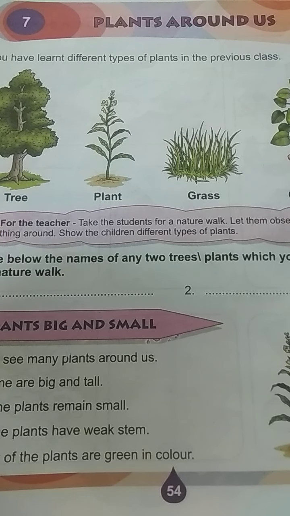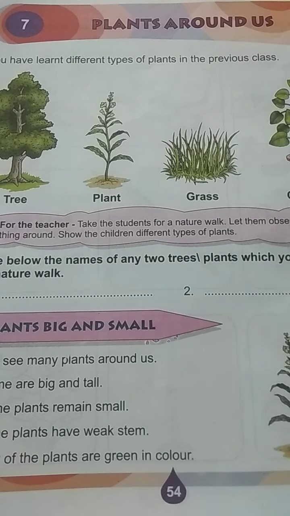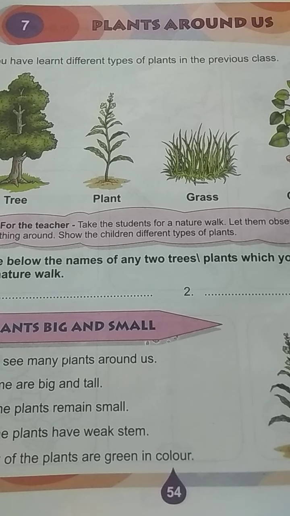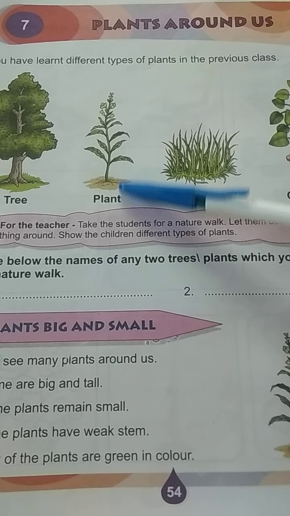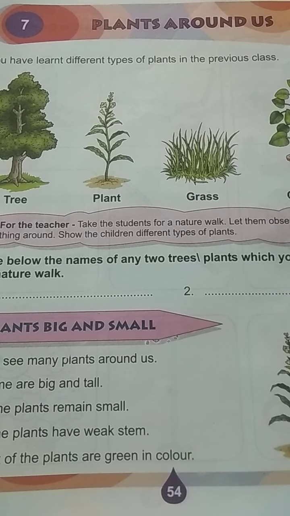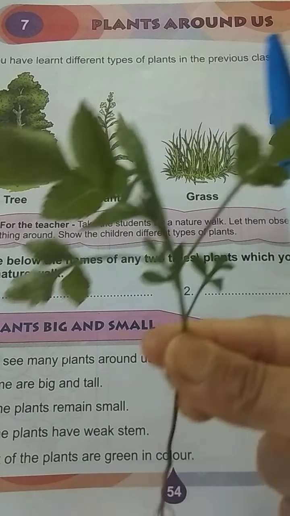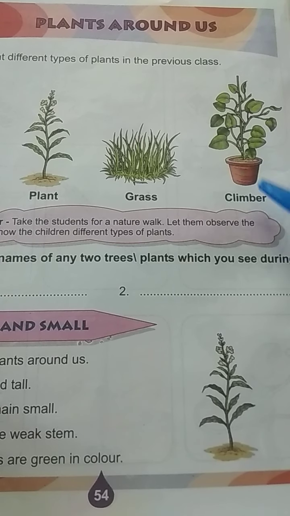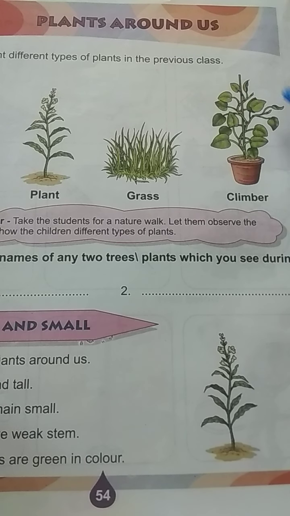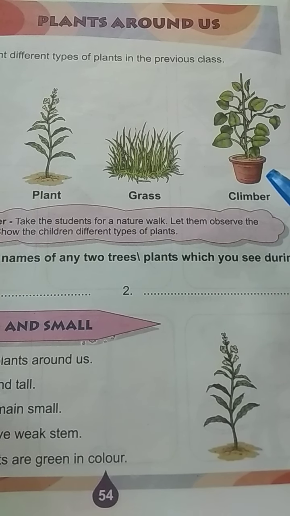So our surrounding has different types of plants. And these plants can be in the form of trees. It can be a small plant like I have shown to you just now. It can be in the form of grasses. It can be in the form of climbers. You must have a money plant at your home.